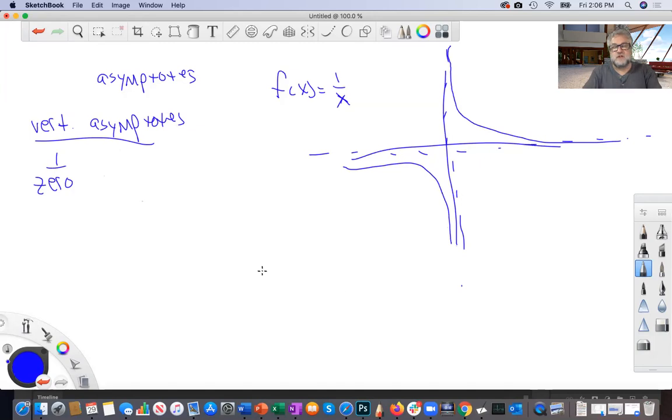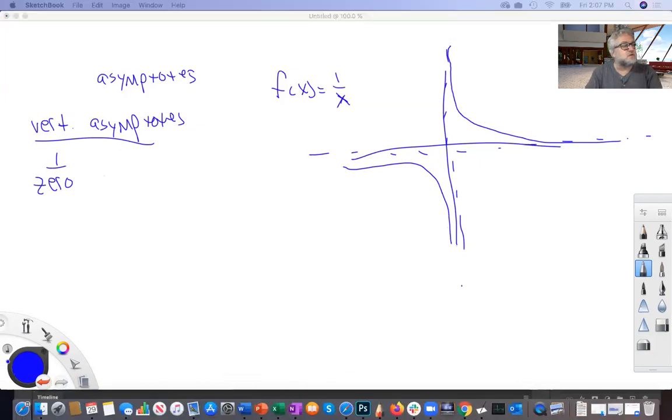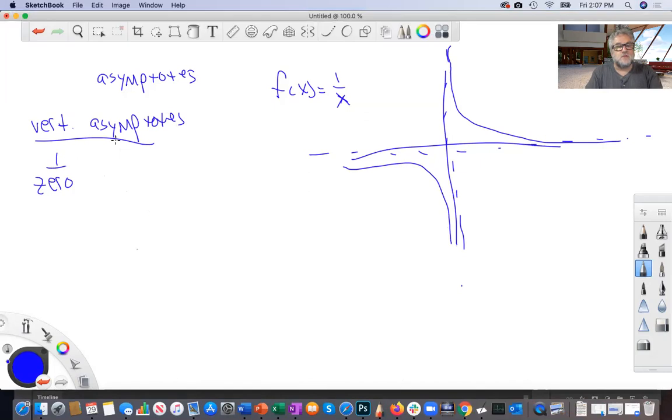So when we're testing for vertical asymptotes, we just take the denominator and set it equal to 0. In this case, x equals 0. That's where the vertical asymptote is. And so I draw a dotted line. Let me do it in blood red. There we go. So here's our vertical asymptote, right at x equals 0.